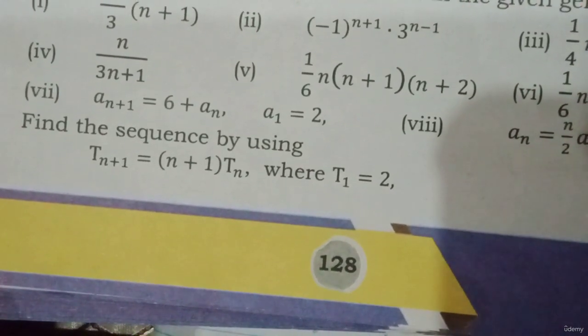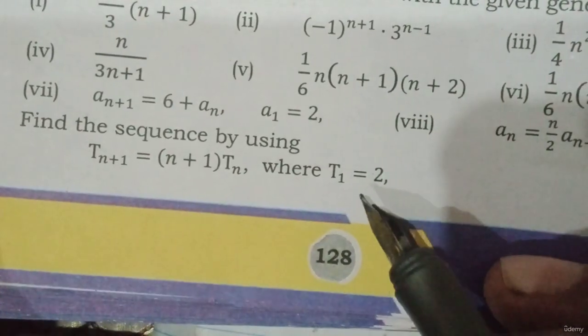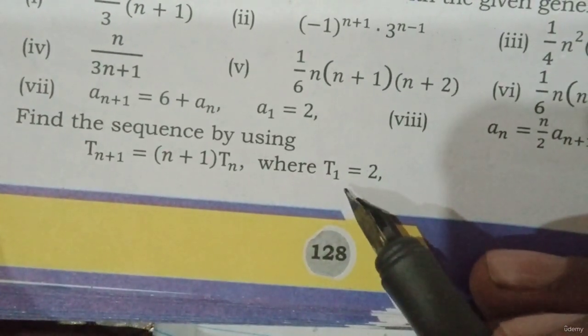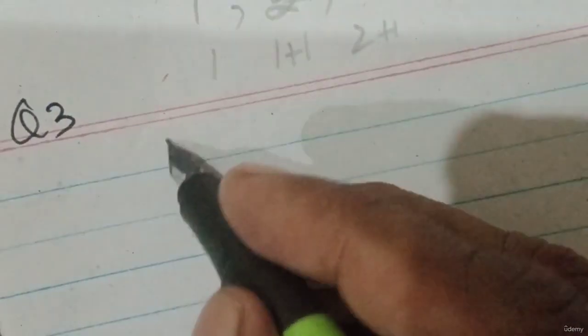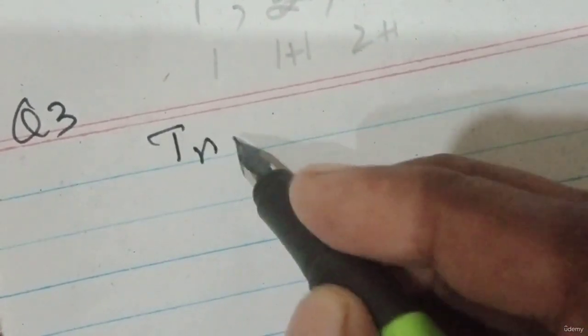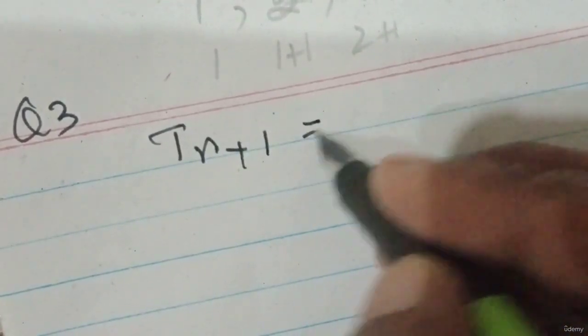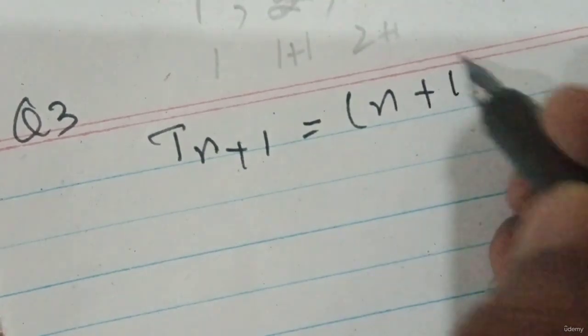Now this t1 means the first term, that is your first term is t1, and formula is given. Now let me write the formula. Question number 3, you have tn plus 1 is equal to n plus 1 and tn.